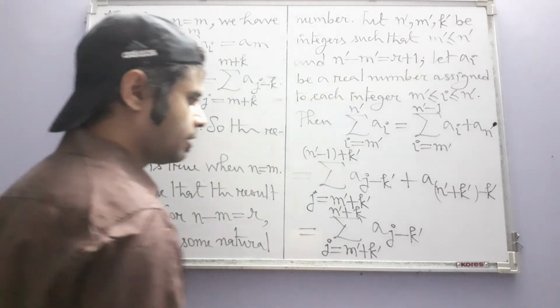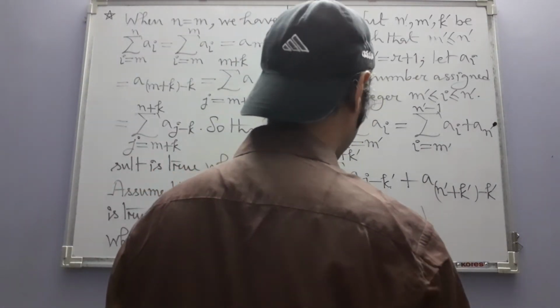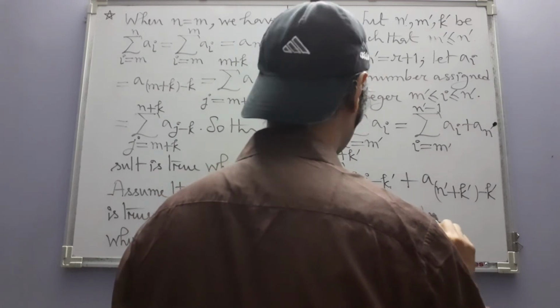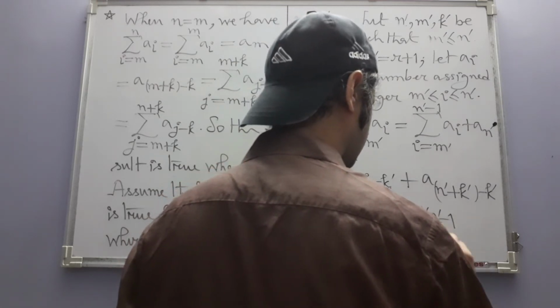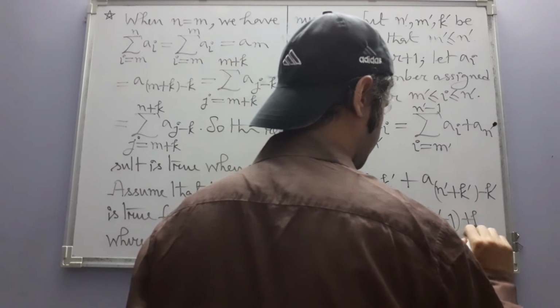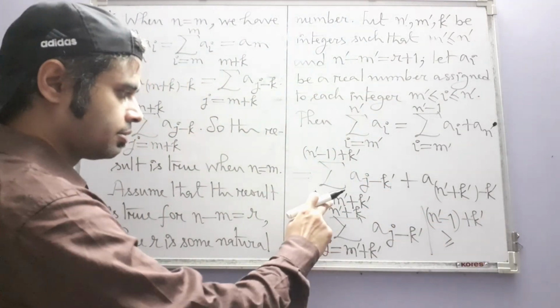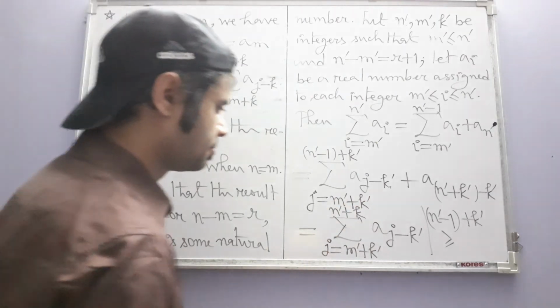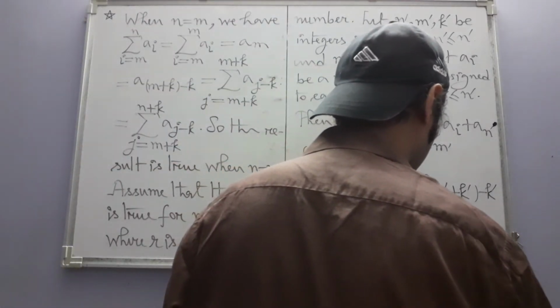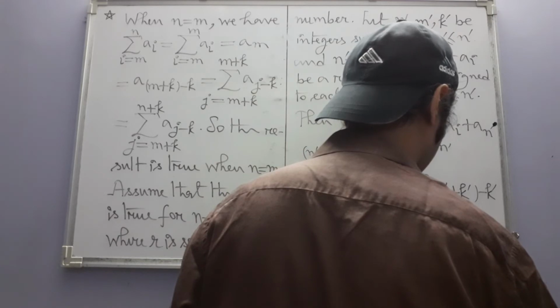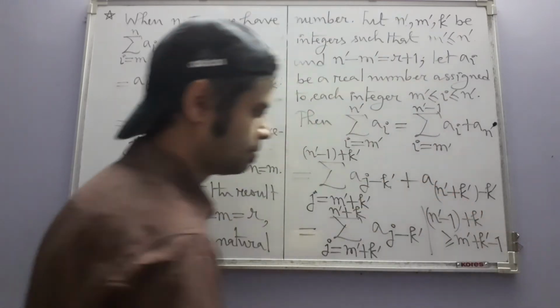I can do that provided I have this inequality, n prime minus 1 plus k prime, it becomes greater than or equal to the lower limit minus 1, that is m prime plus k prime minus 1.